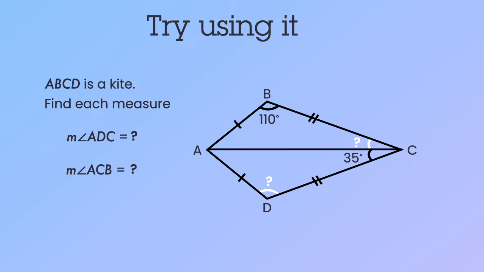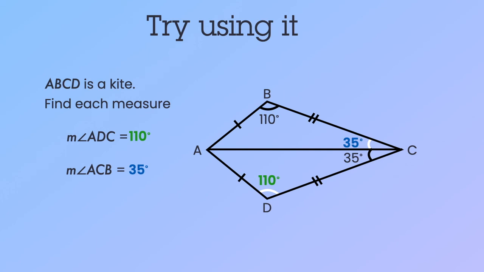So if that very top angle is 110, this very bottom one, since it's a reflection of the other triangle, will also be 110. Then angle ACB over on the right, again, we have congruent triangles. It's just reflected. So if the bottom angle is 35 degrees, then the top angle will also be 35 degrees.